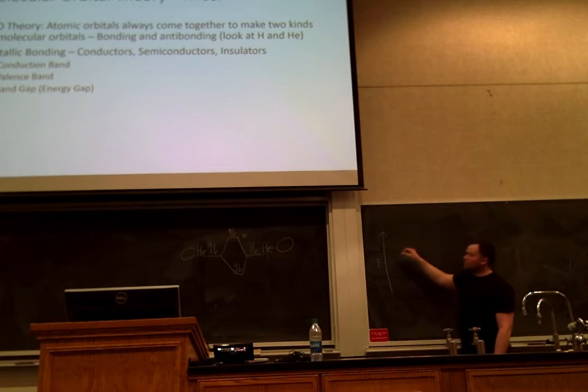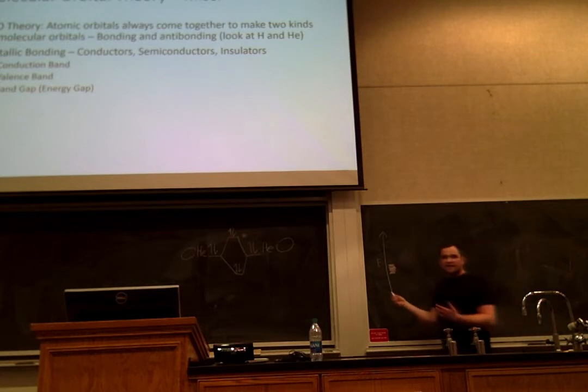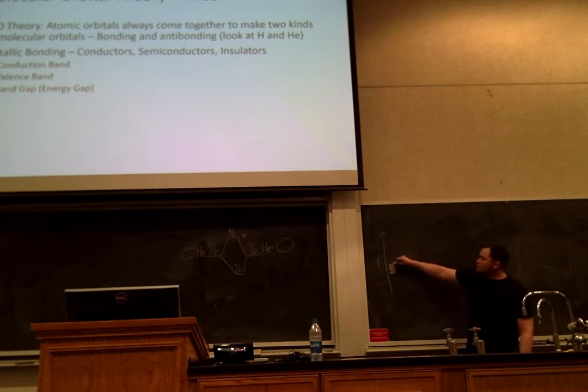With metallic bonding, these molecular orbitals are so close in energy, just ridiculously close. They make so many that to represent all of these, we just draw a box. And that's called a band.